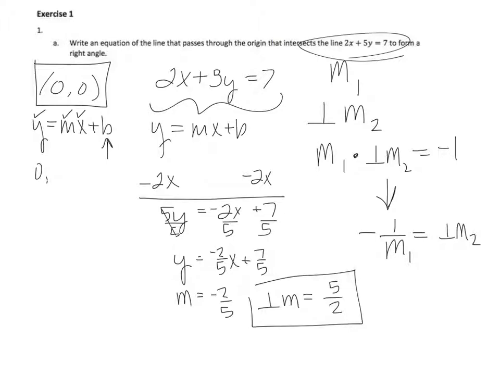Y is 0, slope is 5/2, x is 0, and plus b. Those cancel out, so b equals 0 in this case. So my equation is y equals mx plus b, but I don't have to write the b because it's 0.